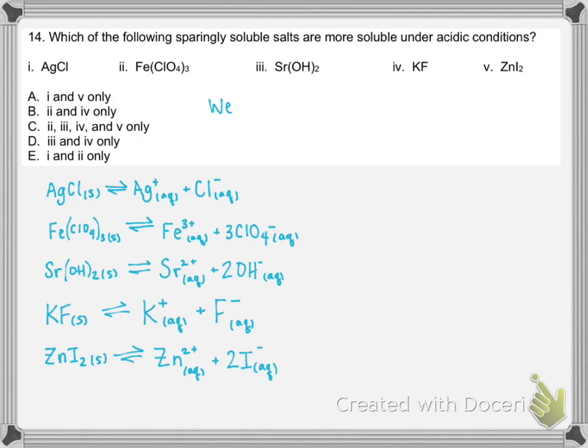Because if there's a weak base, or a strong base, if there's some kind of base making up our solution, then they can react with the acid that's added in and be removed from the solubility equilibrium, making the salt more soluble. So basic ions will be more soluble.